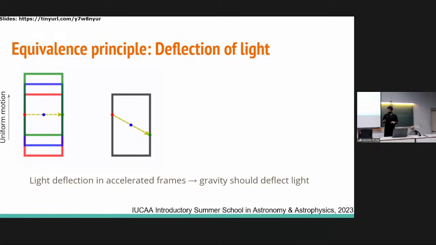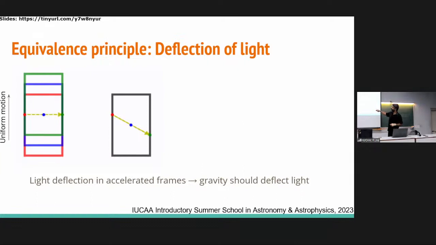So you can imagine, for example, that there is a lift here, let's say this red lift, and if it goes at constant velocity, then at a certain point of time, delta t later, it will be here, this blue one, and then delta t later, it will be at this green position, right? So let's suppose that there is a ray of light which started from here, and you are observing this ray of light.